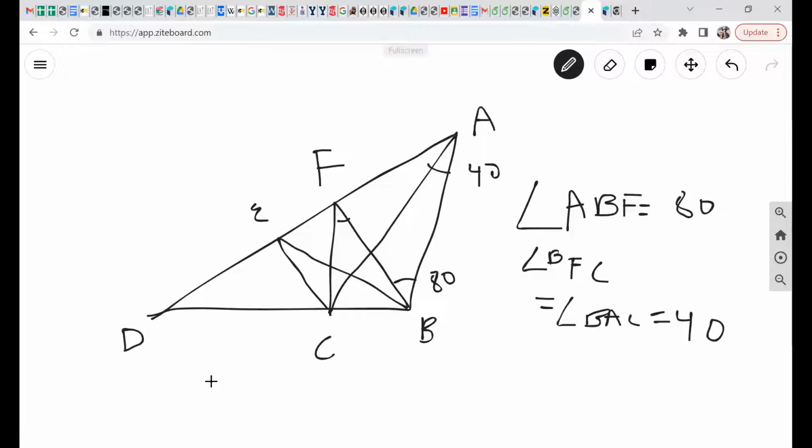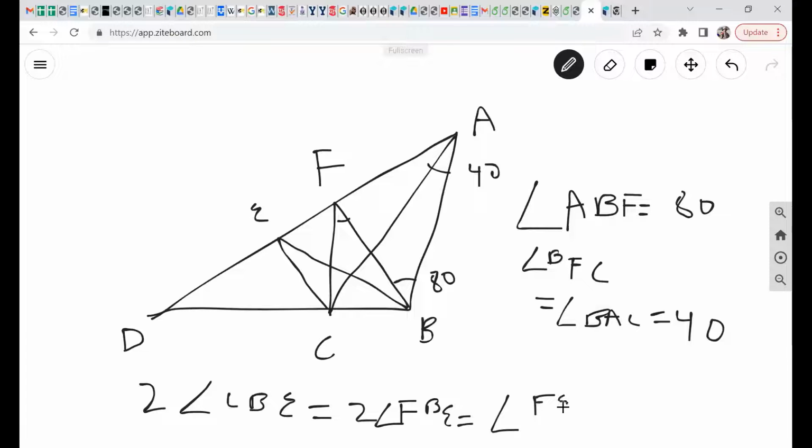And we know that twice angle CBE equals twice angle FBE equals angle FEB.